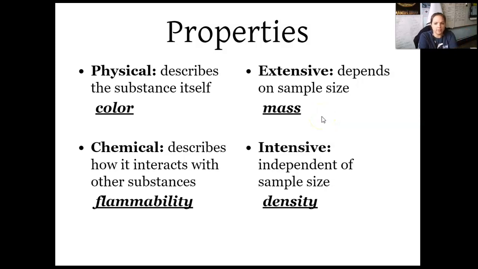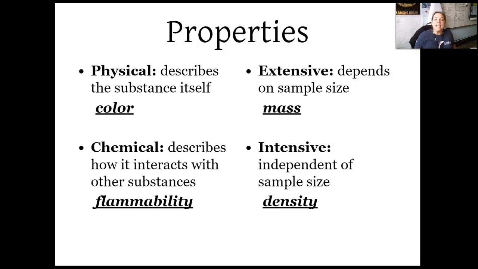Extensive is dependent on the size. For example, mass. I'll have much more mass here because there's more of it than if I was to pull it in part and have two smaller sections. They would both weigh less, or mass less. So the mass definitely is dependent on size, which means it's extensive, outside, how big it is.